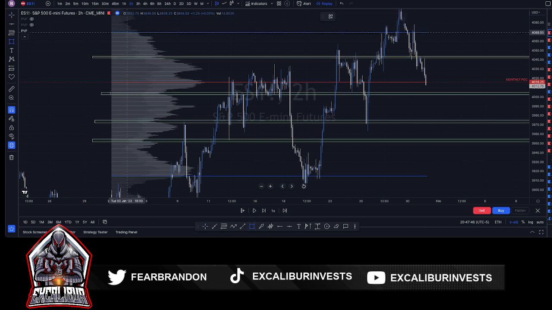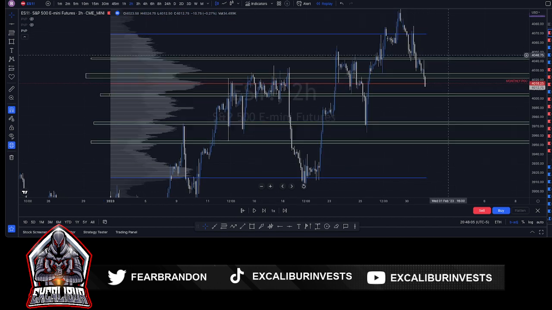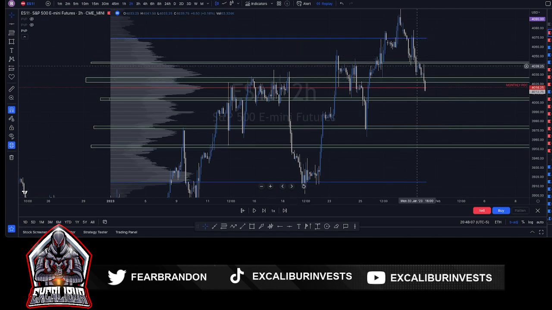And of course, the high. Let's just put this little area. This is really not the best low volume node. There's still a lot of volume traded here, but it's not much compared to these. So on the monthly, these are the levels that I like to see.